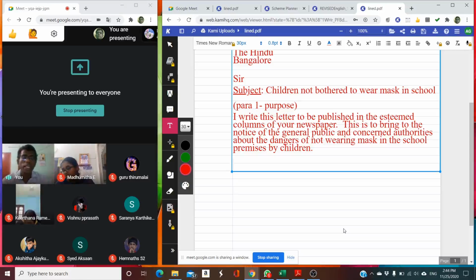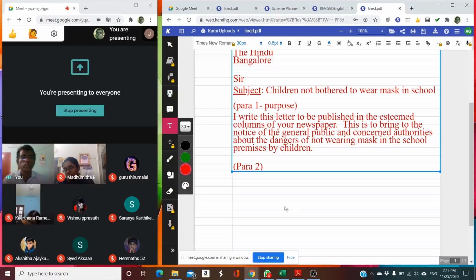Then you go to the second paragraph. In the exam, you don't write para 1, para 2 and all. Some students after the examination say, sir, you only taught us to write paragraph 1, paragraph 2. You don't write the word paragraph 1 or paragraph 2. This is only for your understanding I am writing. What do you write in paragraph 2?